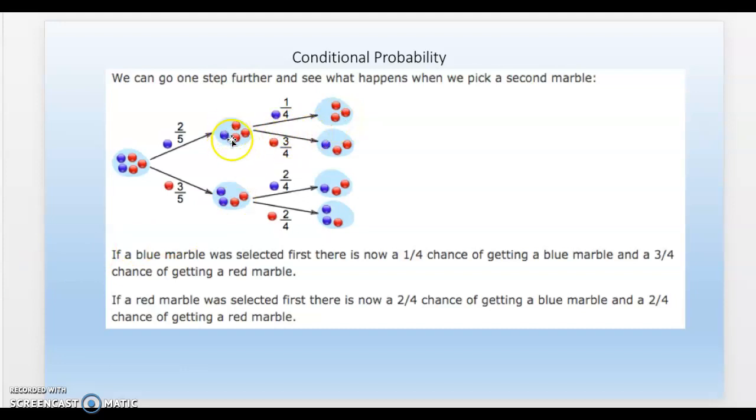If we picked a blue one the first time, the probability of getting a blue one the second time is 1/4, and the probability of getting a red one is 3/4. But if we took a red one the first time, now it's changed. The probability of getting a blue one and a red one are both 2/4, or 1/2 each, because there are 4 marbles in there, 2 blue and 2 red.